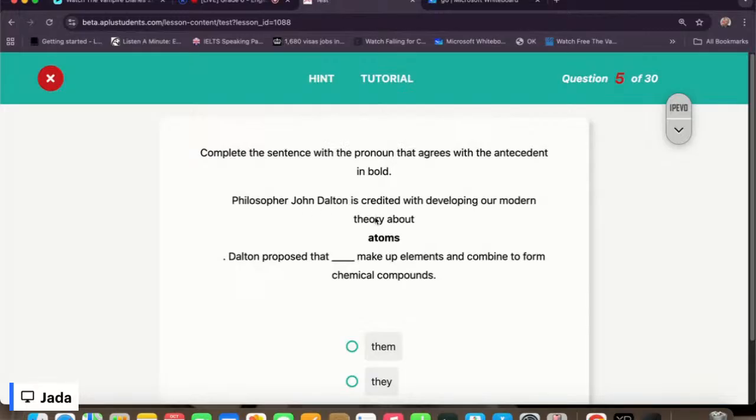Then, philosopher John Dalton is credited with developing our modern theory about atoms.